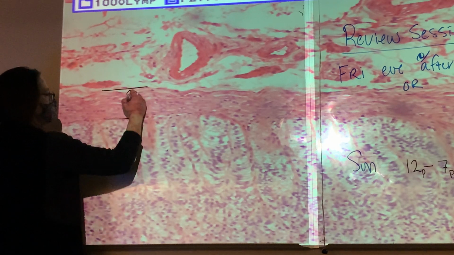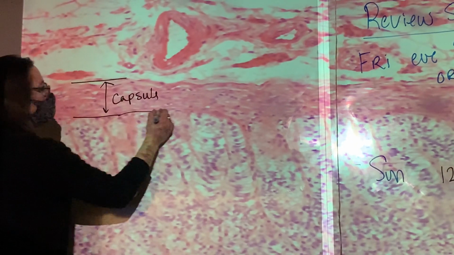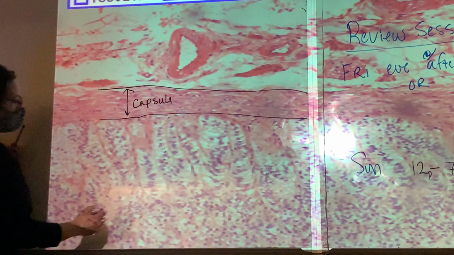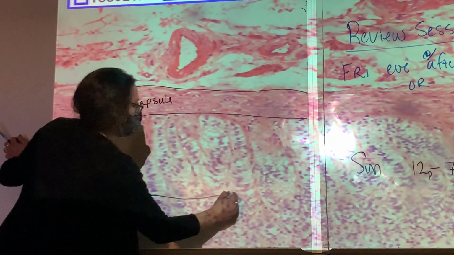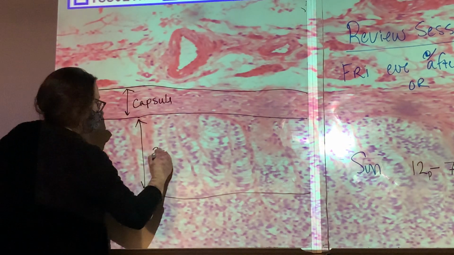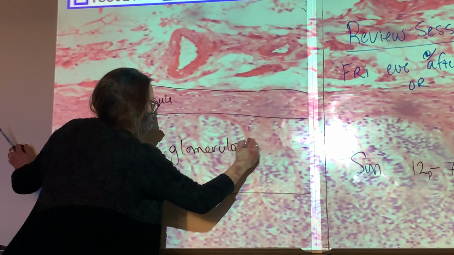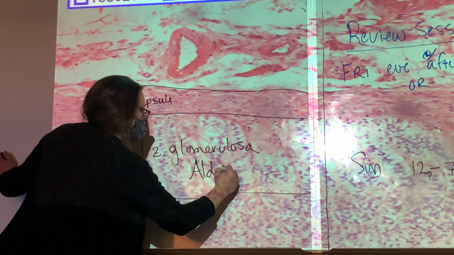So here's your capsule. And then probably right around here, that is zona glomerulosa. So mineralocorticoids like aldosterone from here.